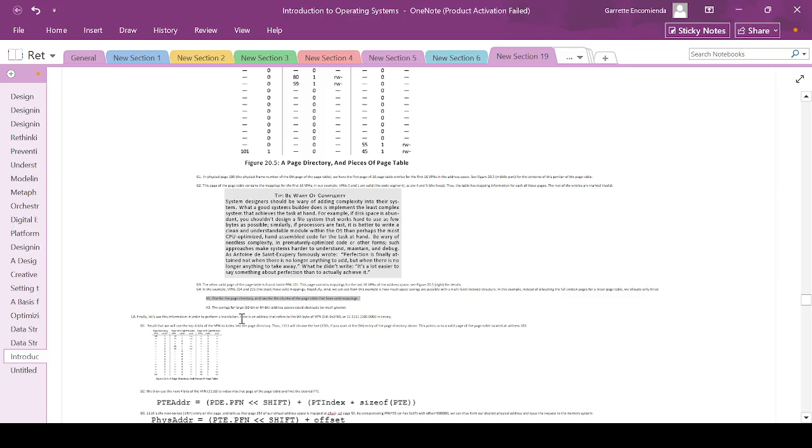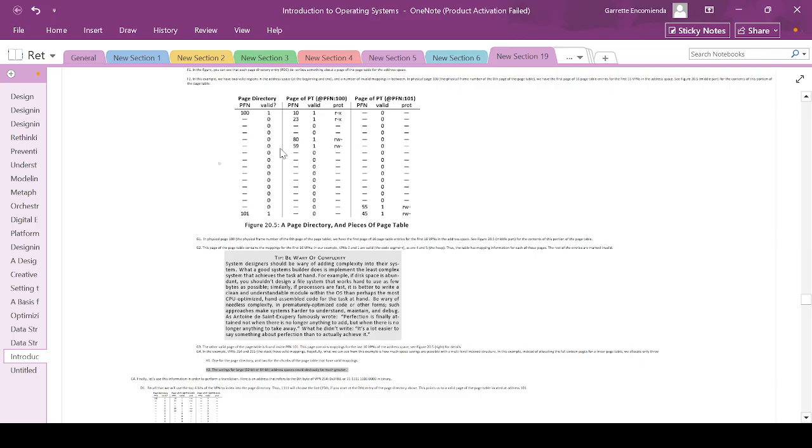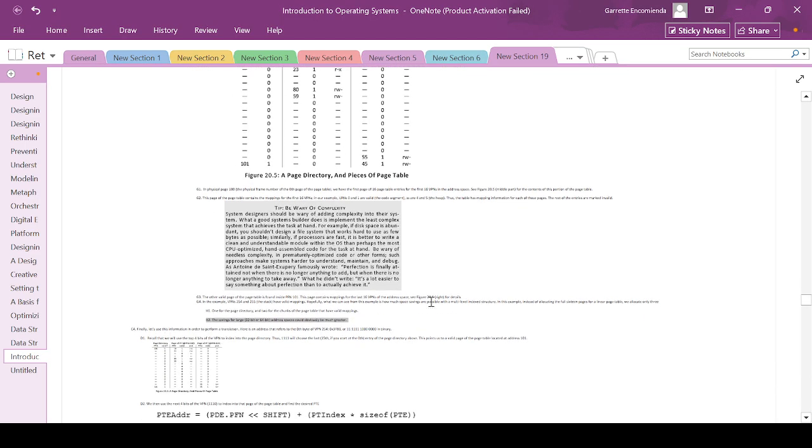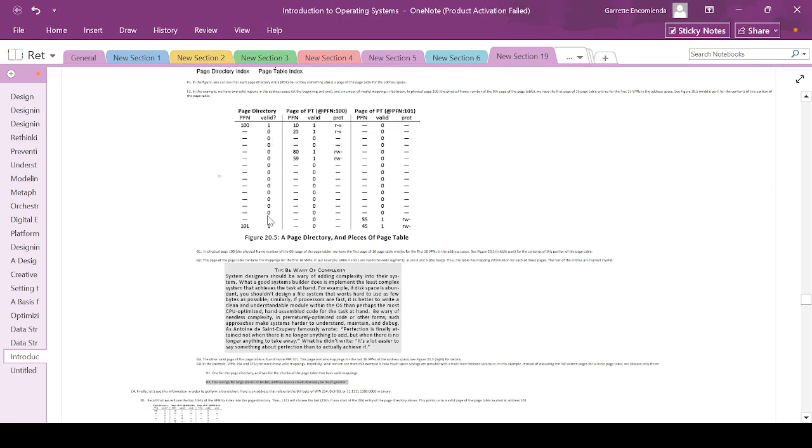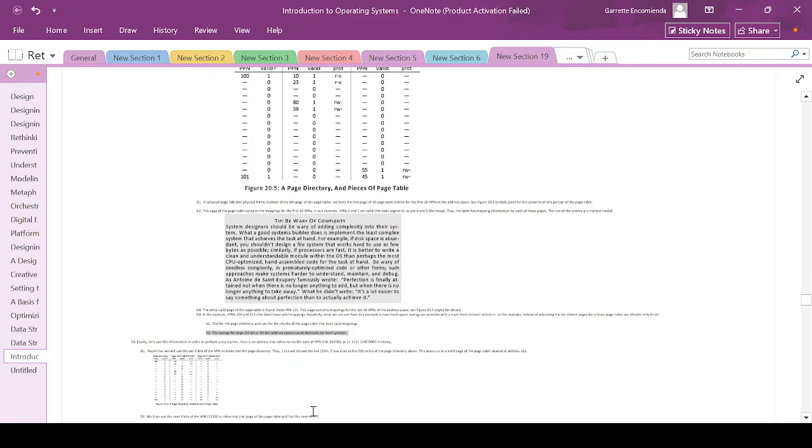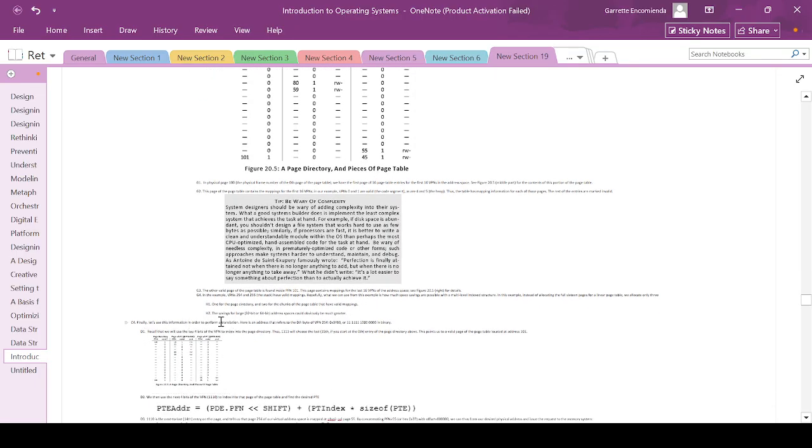So the savings for a large 32-bit or 64-bit address space could obviously be much greater. So it's just for a 16-bit address space, but it will be more for a large address space. Okay, so finally, let's use this information in order to perform a translation.